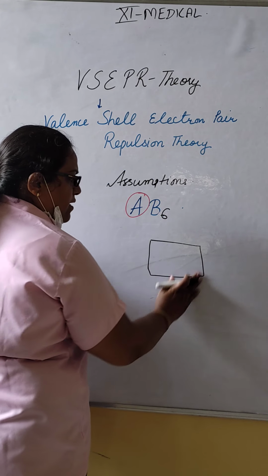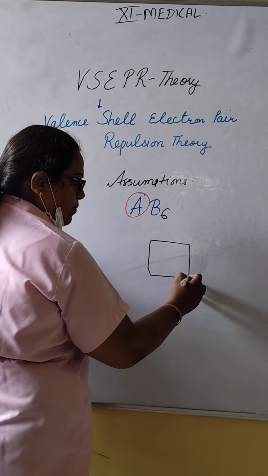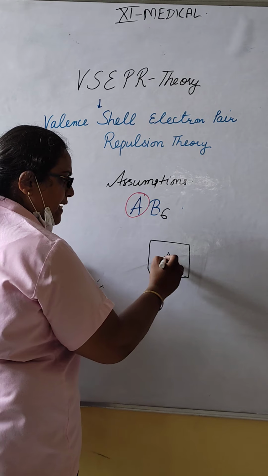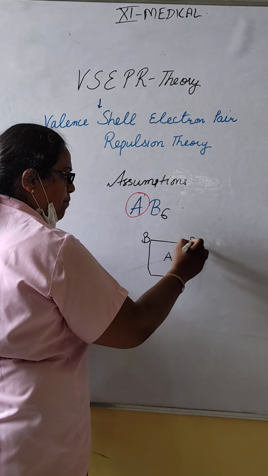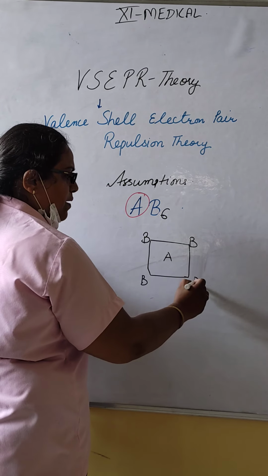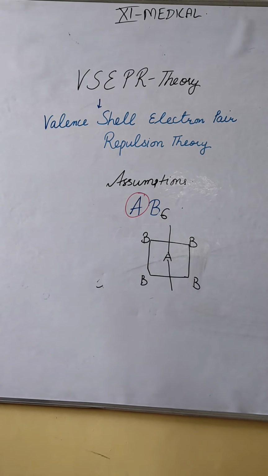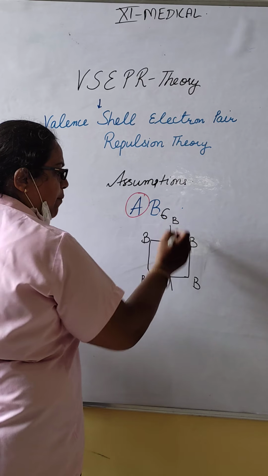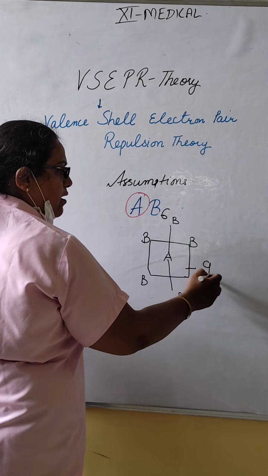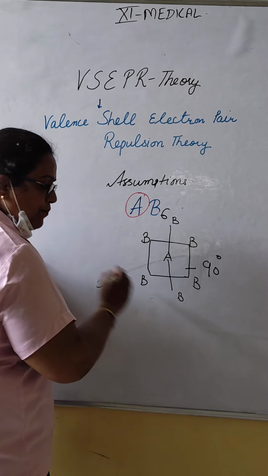Suppose this is a square. A will be the central atom. B, B, B, B. Similarly, one above, one below. Here the bond angle will be 90 degree.